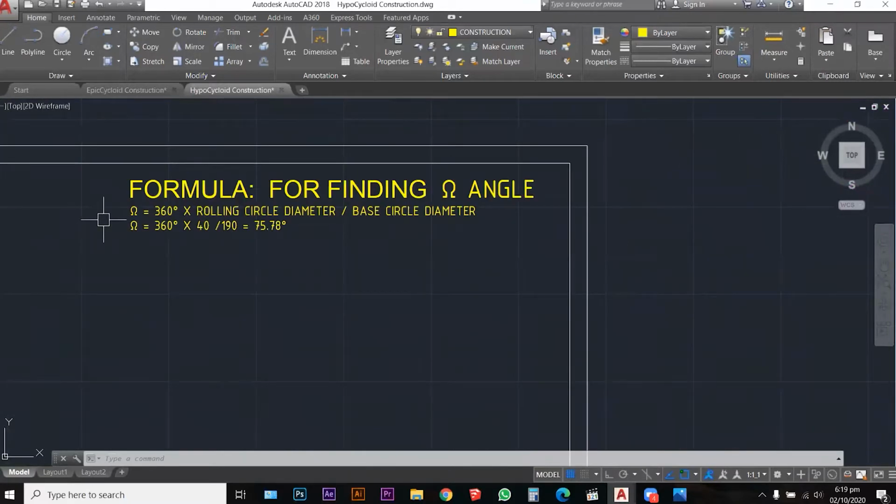The formula for finding omega angle is 360 degrees multiplied by the rolling circle diameter divided by the base circle diameter. So our rolling circle diameter is 40 and our base circle diameter is 190. So when I plug this formula in, I get something like 75.78 degrees.